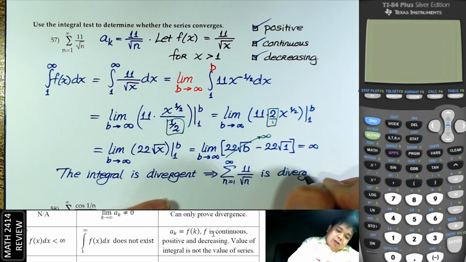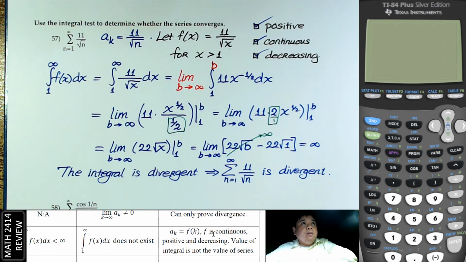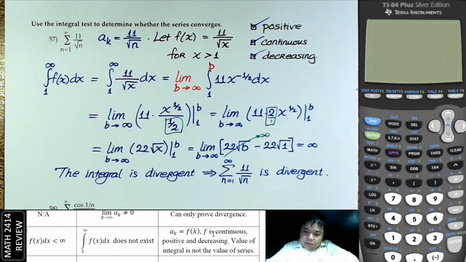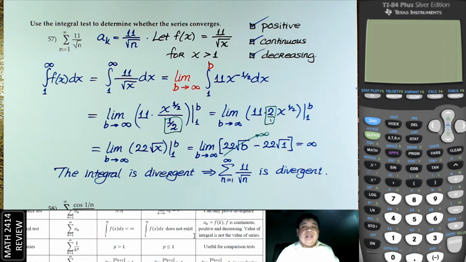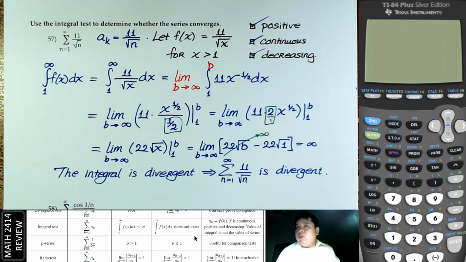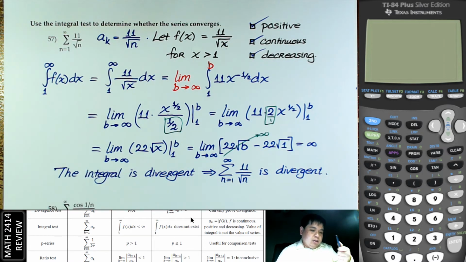Right. So the series is divergent. However, we do not know what that equals, but we know that it is divergent.